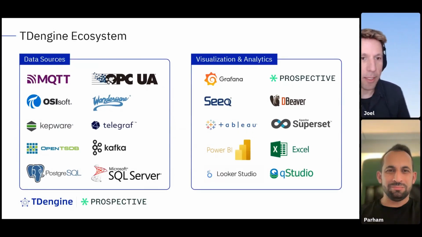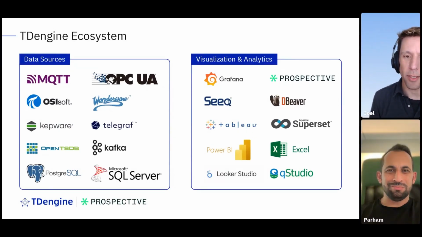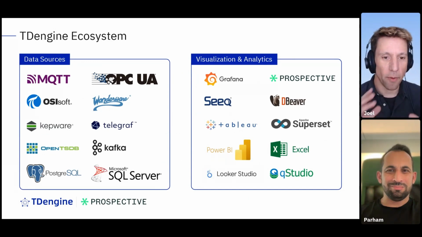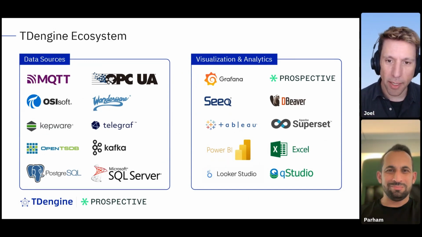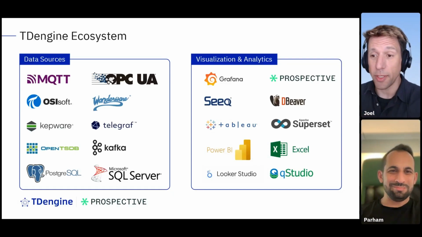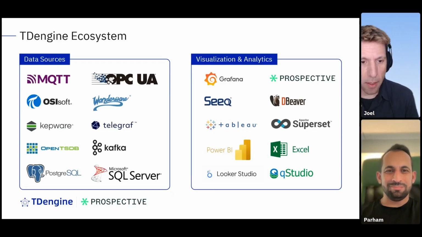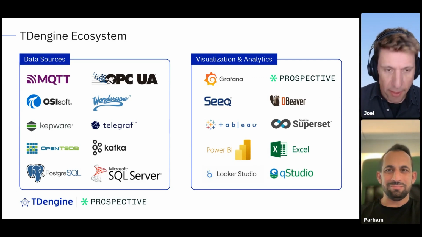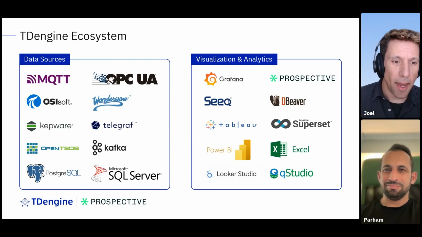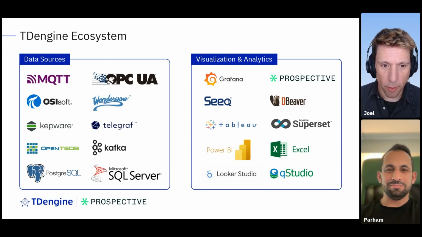So we also like to talk about the TDengine ecosystem, which is made up of all the different data sources that we connect to and all of the visualization options that you can use to see your data. As a part of an IoT system, we connect to many IoT-related protocols and databases like MQTT, PostgreSQL, SQL Server.